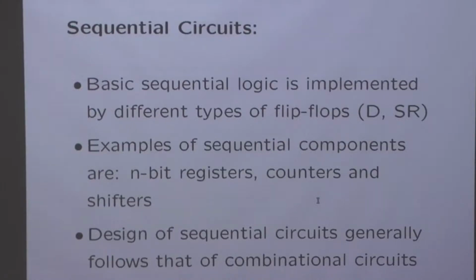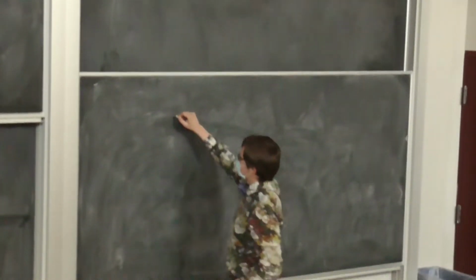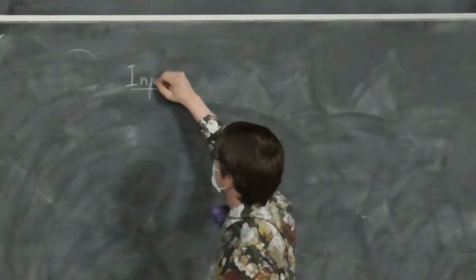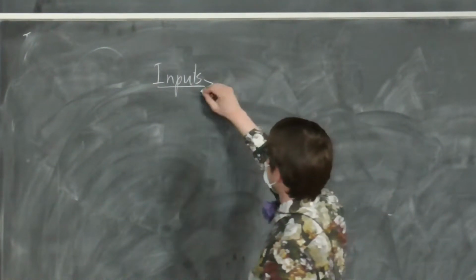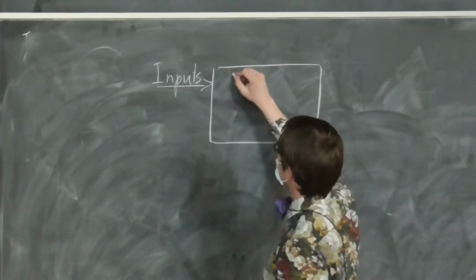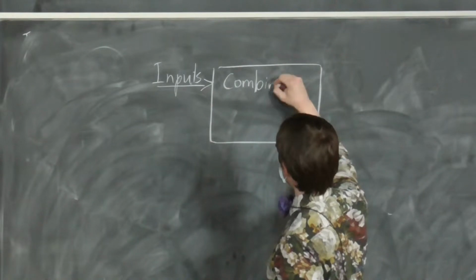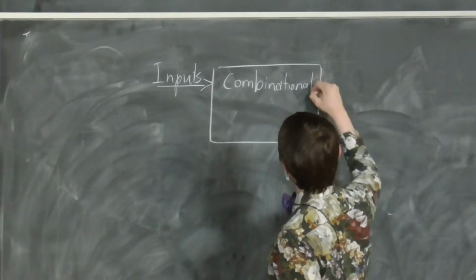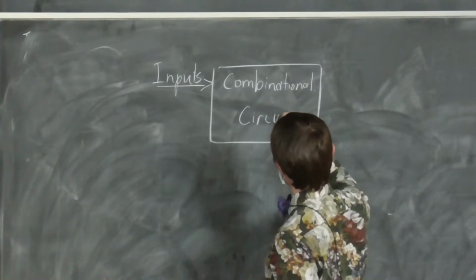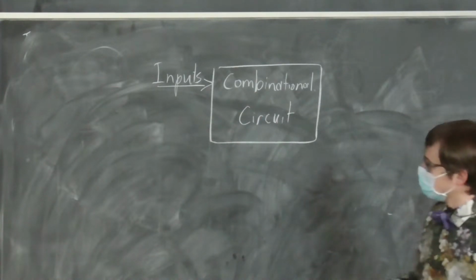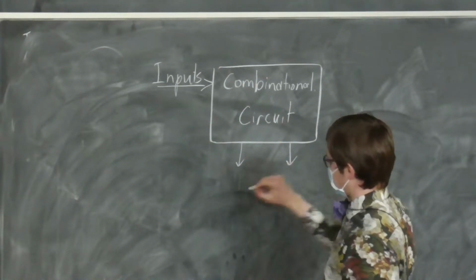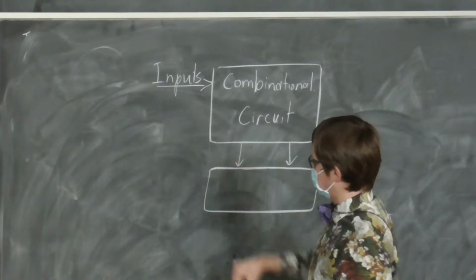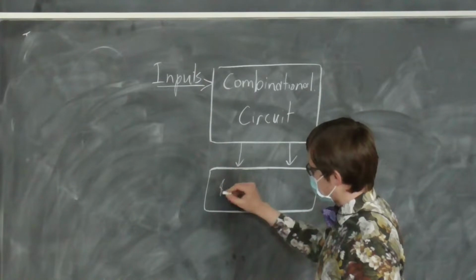So, in general, what we're going to end up seeing here is we'll have inputs, which would be external inputs, right? These come into a combinational circuit, right? This combinational circuit yields its results to the state holding elements.